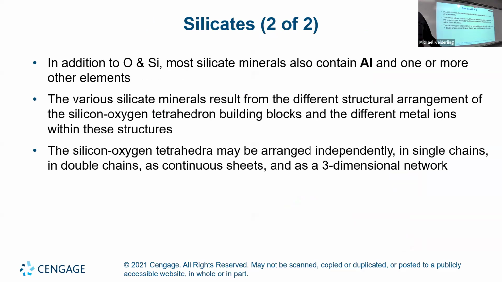In addition to oxygen and silicon, most silicon minerals also contain aluminum and one or more other elements. So there's other stuff mixed in with these tetrahedrons. The various silicon minerals result from the different structural arrangements of the silicon-oxygen tetrahedron building blocks and the different metal ions that are within these structures. They can be arranged independently, in single chains, in double chains, as continuous sheets, or as a 3-dimensional network.